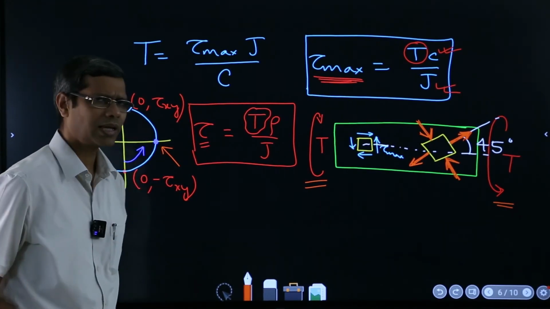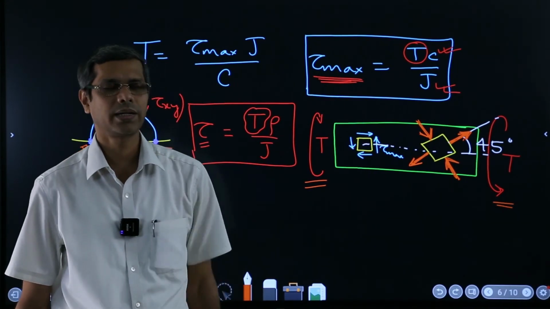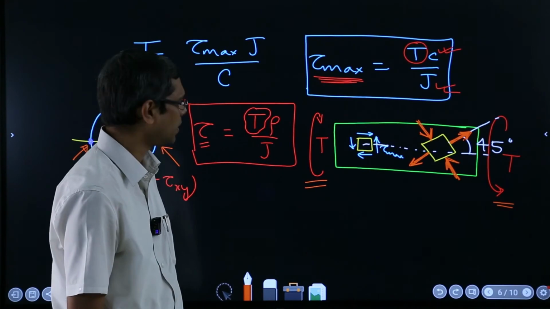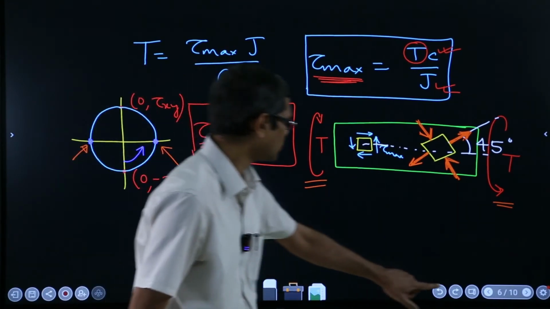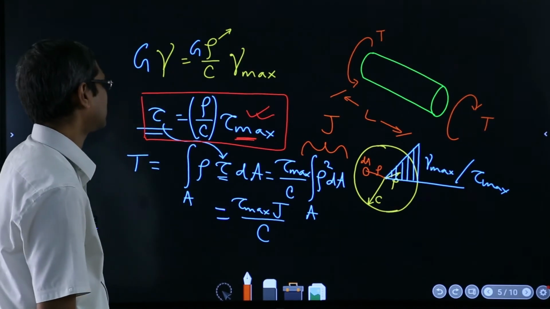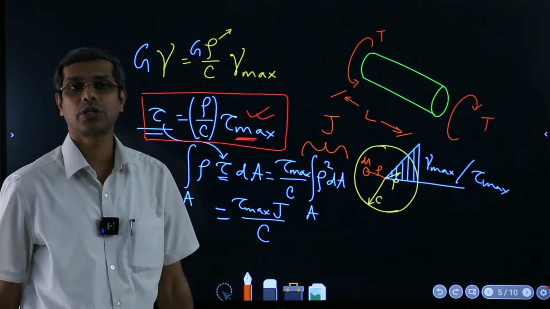So that basically explains why the chalk broke in such a shape. Yeah, so that's what I think is about the stress field under the pure torsion case.